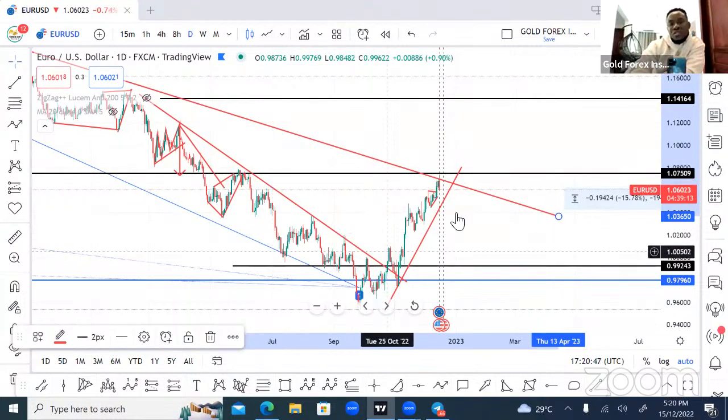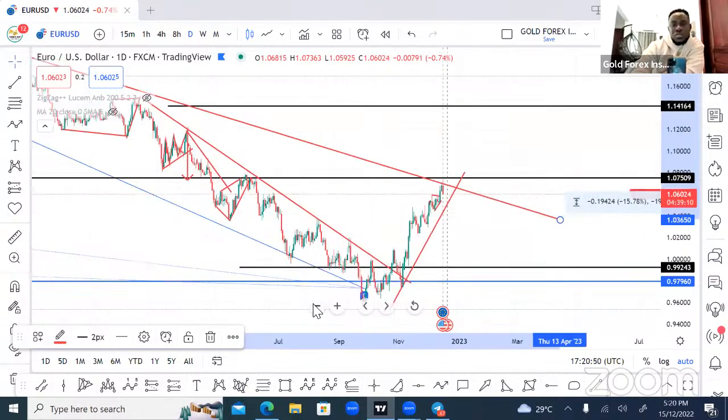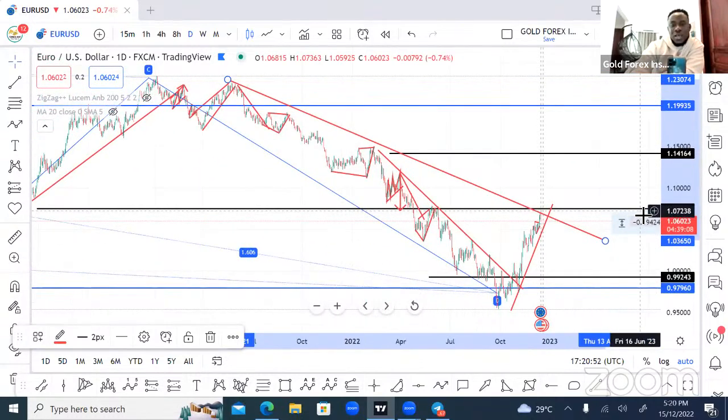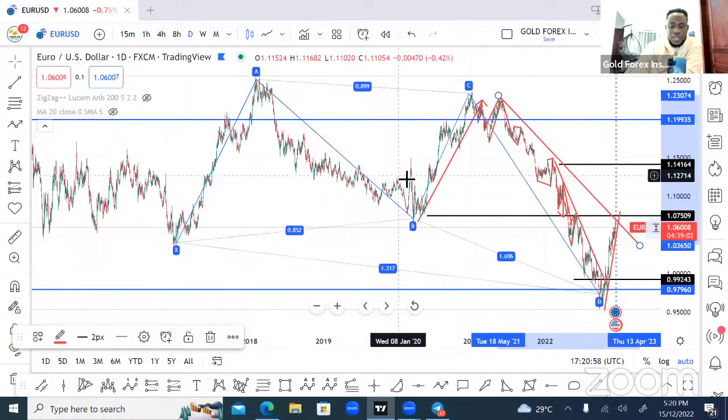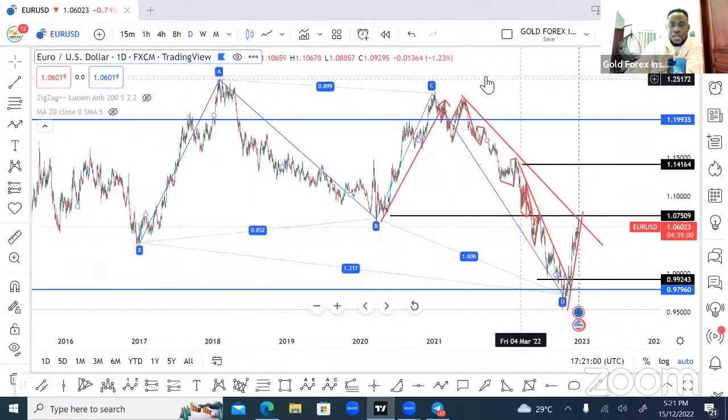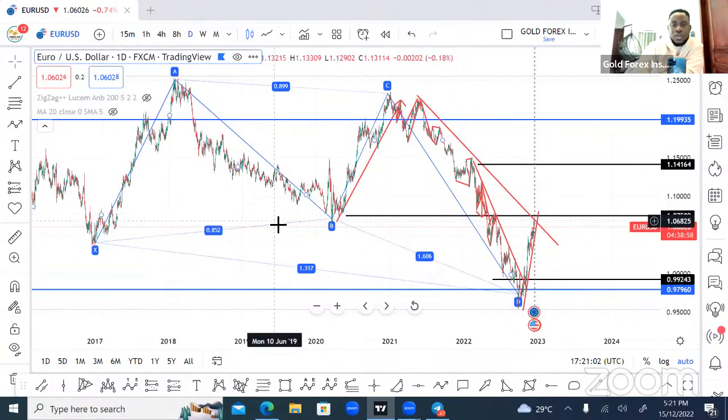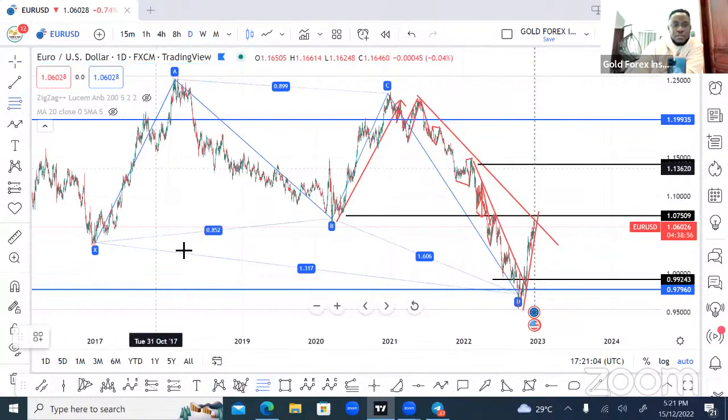Euro USD is not something that I want to look at. Euro USD, you see, now when it formed the cipher pattern. Okay, was this cipher? Let me check.